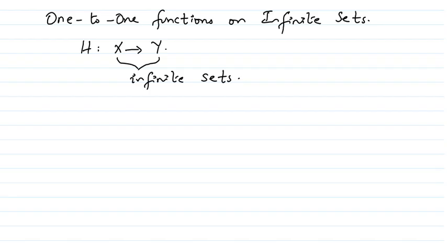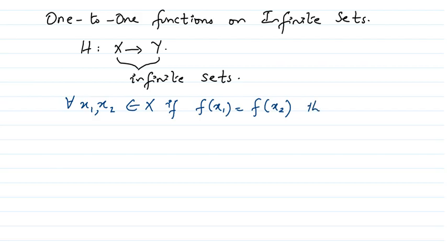And what was that definition? For all x1 and x2 that belong to the set x, if f of x1 is equal to f of x2, then x1 should be equal to x2, that is, the definition of distinction.